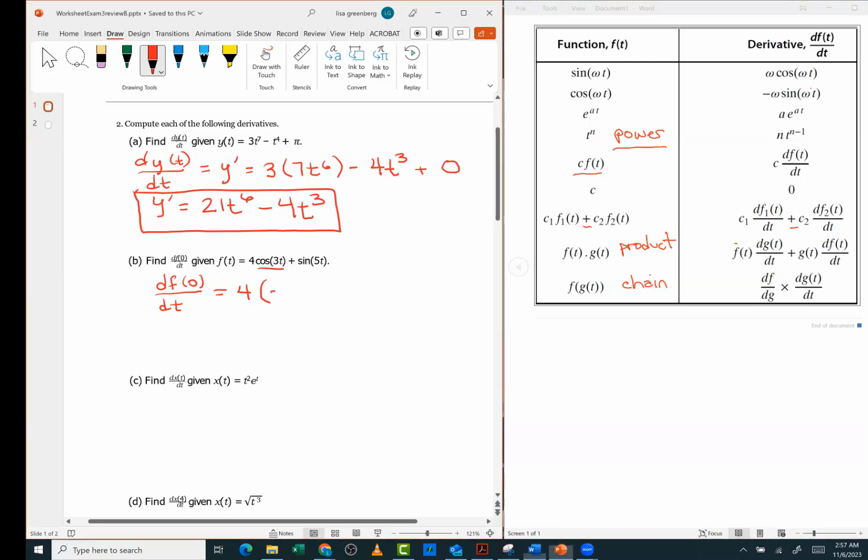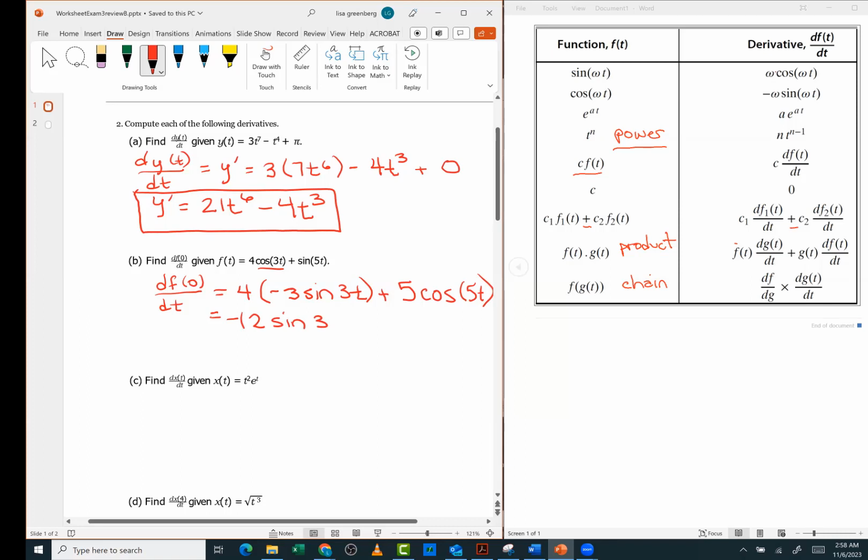So we have negative 3 sine of 3t. And that's the derivative of just the first part of the function, plus the sign is the same. We take that 5 in front. The derivative of the sine is the cosine of 5t.